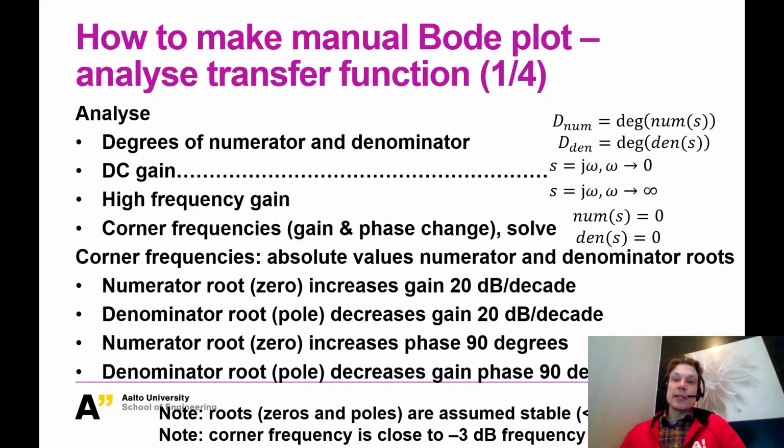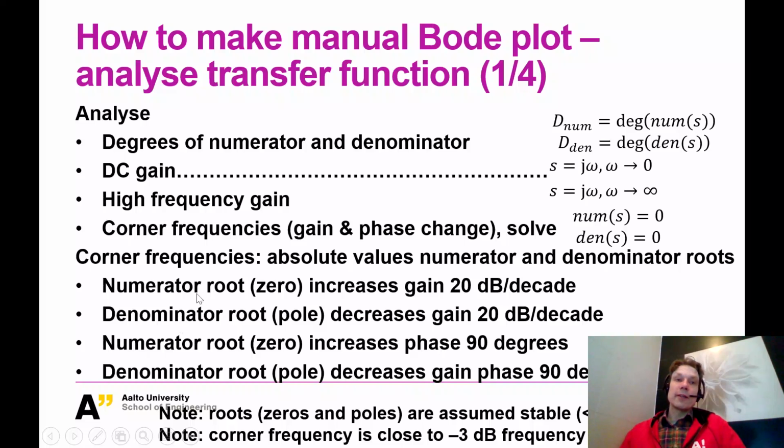So this I pretty much leave you to study, how to make a manual Bode plot. I just say quickly that we usually have rather low order polynomials. Numerators are often first or second order, and denominators are also first or second order.